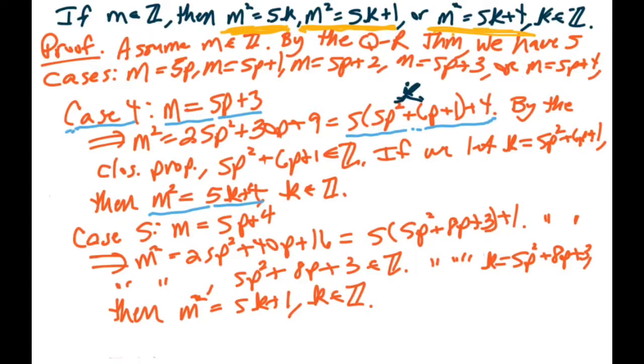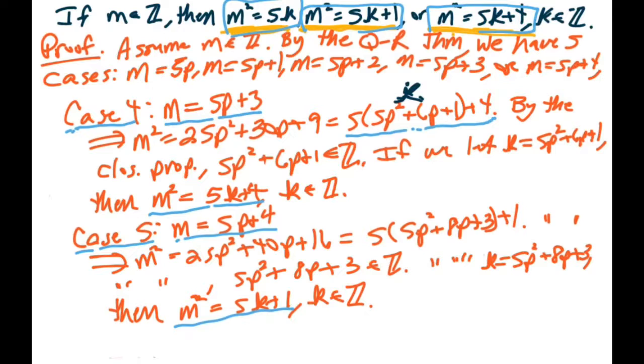Similarly, case 5, you have m equals 5p plus 4, and we're able to write m squared as 5k plus 1. All right, so there's the full argument there, and you can see that in all the cases, we were able to rewrite m squared in one of these forms that we had up here.